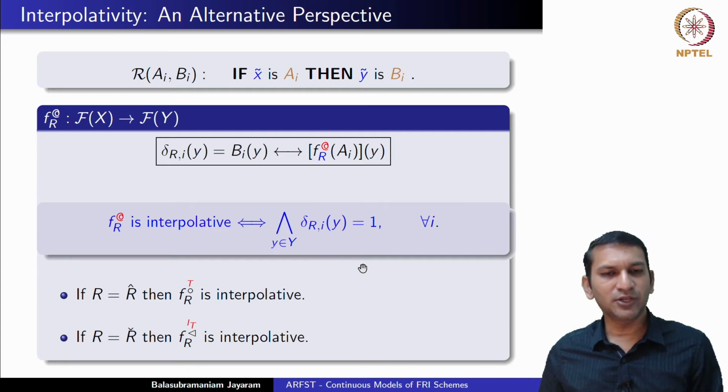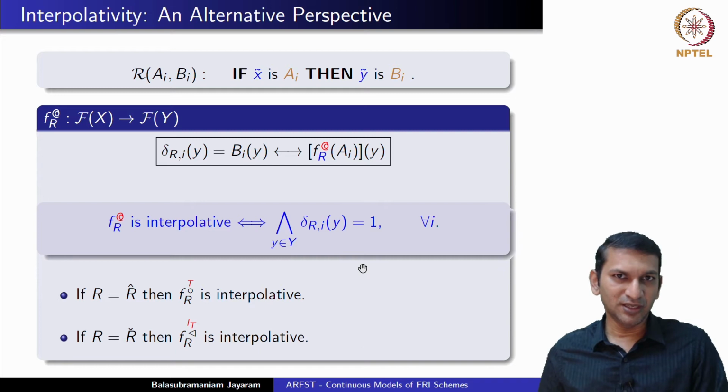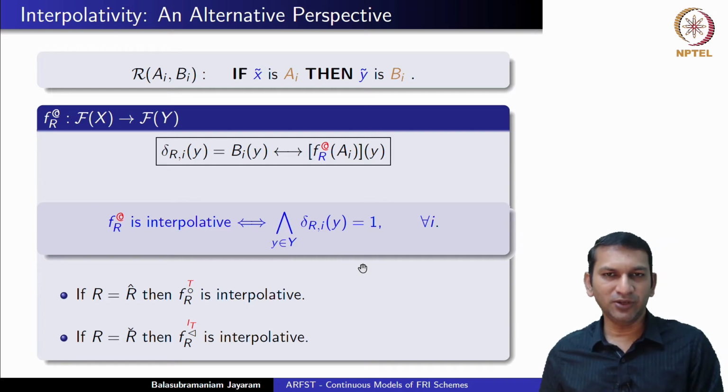Similarly, if R is equal to R check, the adjoint function of the BKS inference mechanism, where the implication is the residual implication I T, it is interpolative. So now you see here, these are some sufficient conditions, and these specify an R to be of a particular type for it to be interpolative. But these are only sufficient conditions. That means there exist other relations R under which CRI or a BKS can well be interpolative.